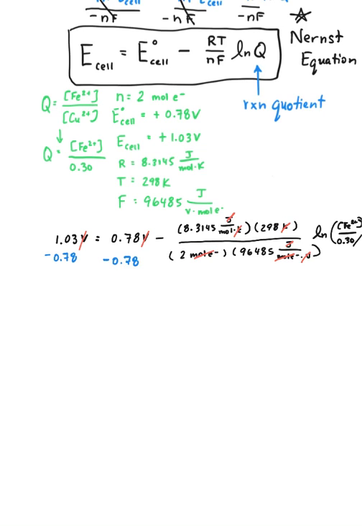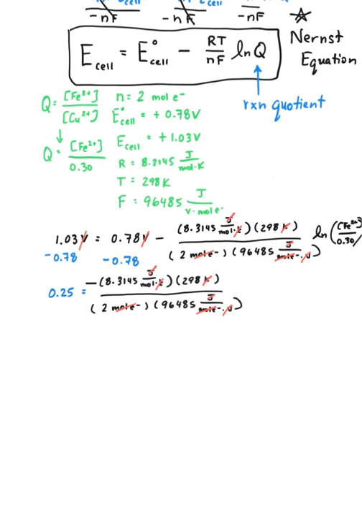What we'll end up with on the left-hand side is therefore 0.25. That's going to be equal to this whole big mess of stuff. So let me grab that and we'll bring it down. And that whole big mess of stuff is multiplied by the natural log of Q.